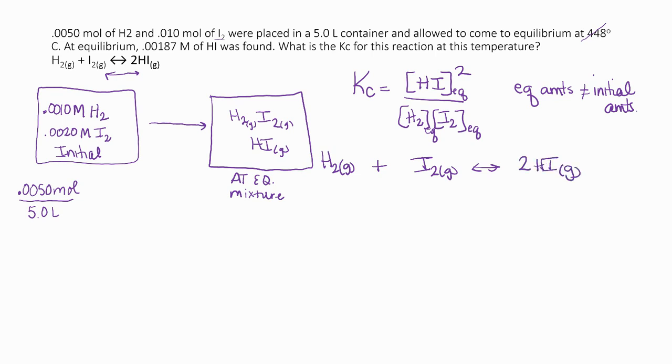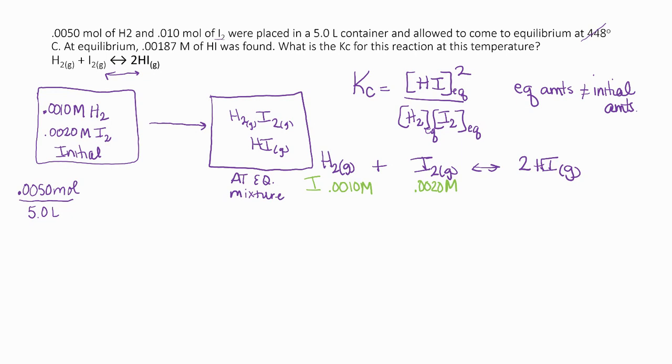And now we need to think. I'm going to kind of think things through to help us out. We use what are called ice tables. And the ice tables look like this. I'm going to show my initial conditions, and I'm going to write down 0.0010 molar for H2 and 0.0020 molar for I2.